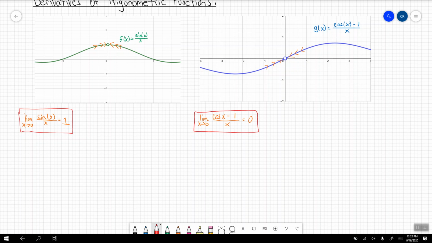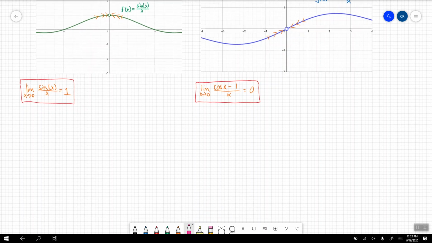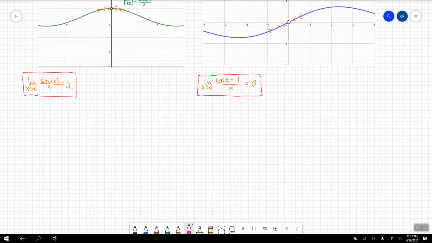What we're going to do really quickly is derive what the derivative for cosine of x should be. Okay? So I'm going to say here, let f of x be equal to cosine of x. And now we want to investigate f prime.